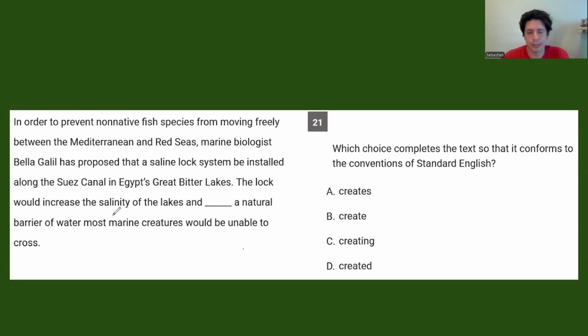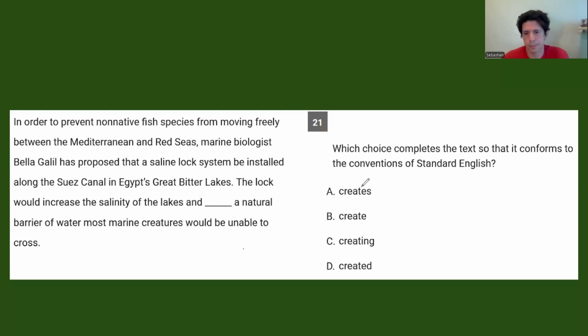The lock would increase the salinity of the lakes and blank a natural barrier of water most marine creatures would be unable to cross. Okay. So then here, creates versus create is about number. And the lock would increase the salinity of the lakes. And so is it plural or singular? It's not the lakes and doing something. It's the lock.